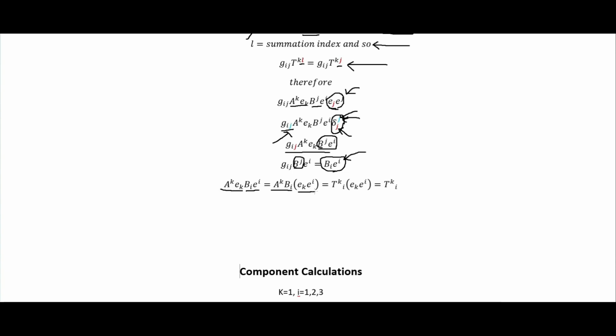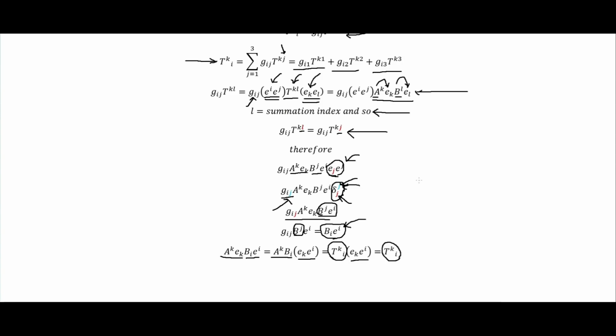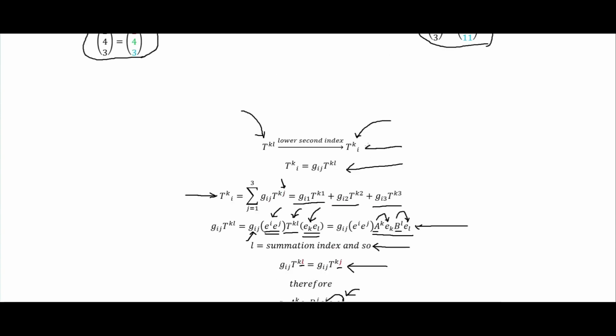Now we have the components and the bases separated like that. And this A^k B_i is just equal to this component right here. And we have explicit here our basis. But if we just make the basis implicit, now we have the T^k_i, which is exactly what we wanted to get. So that was exactly what we were trying to get right here. And so that is how you lower an index on a rank 2 tensor.